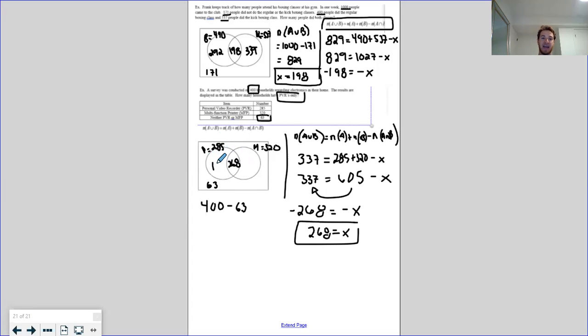And then the leftover to get to 285 is 17. So that's the people that only have PVRs. Chloe, unfortunately, you would get a 2.5 out of 3 on this question if you only wrote 268, because the original question was who has PVRs only? So that would be Leanne, another bonus for Leanne.